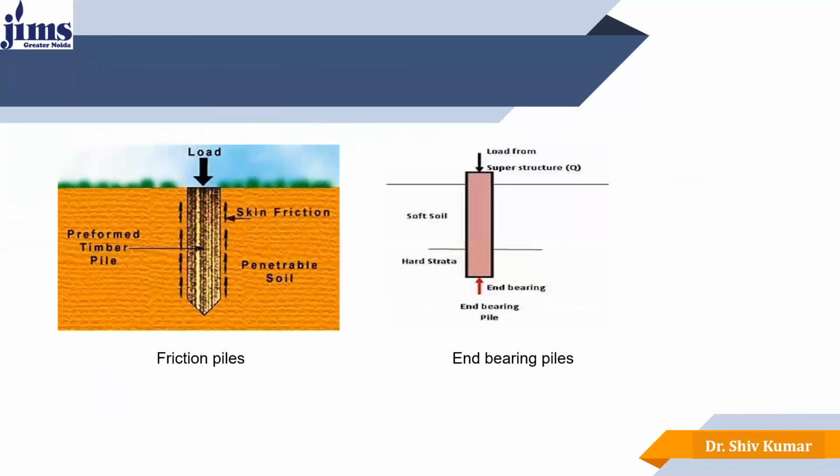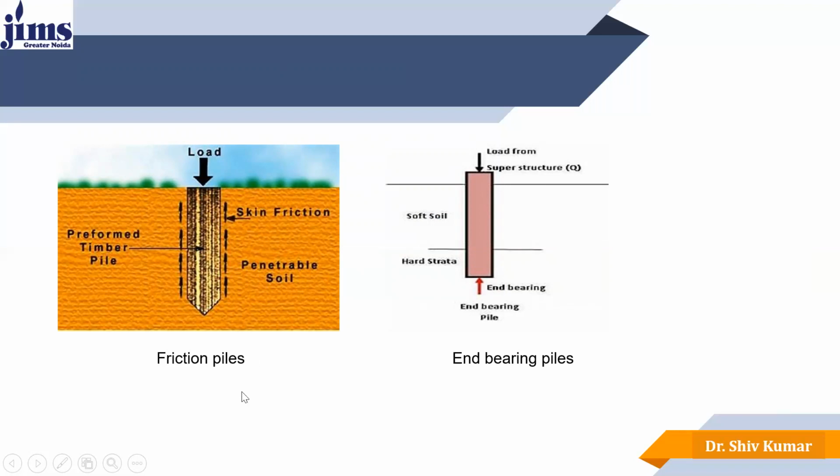First, friction piles. As shown in the figure, you can see the vertical black arrows along the pile pointing upward, which show the force of friction applied on the skin of the pile by the granular soil. And here we can see the load of superstructure on the pile.